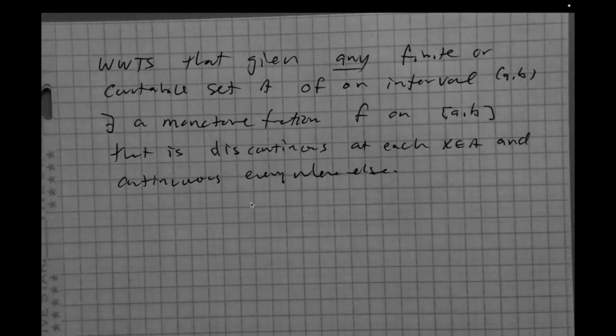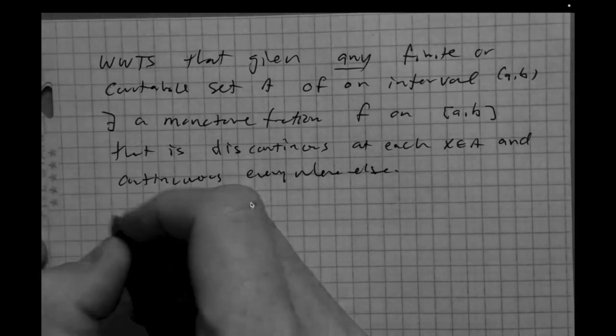Okay, and so you may be thinking to yourself, how could such a thing be built? Well, it's going to use something like the kind of function we saw with the greatest integer function, right? So how to build.